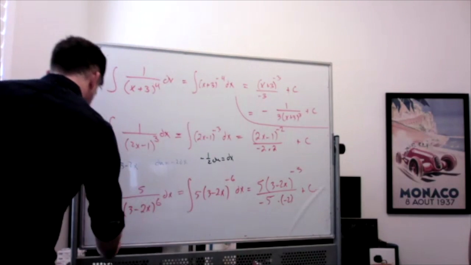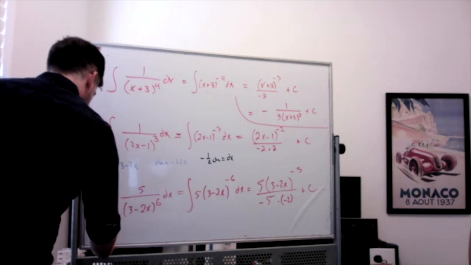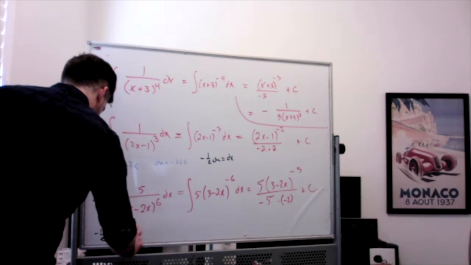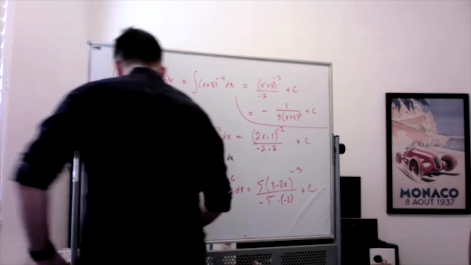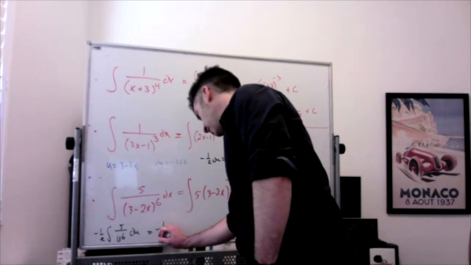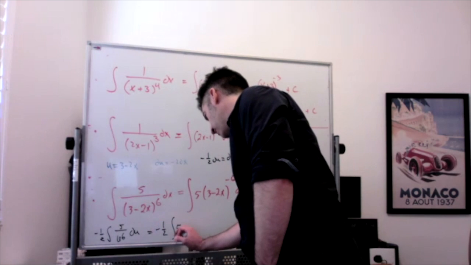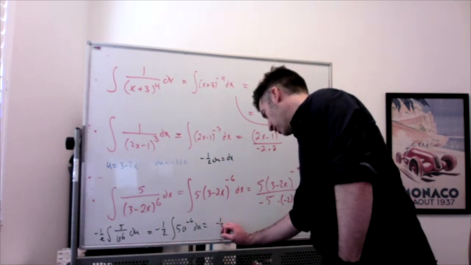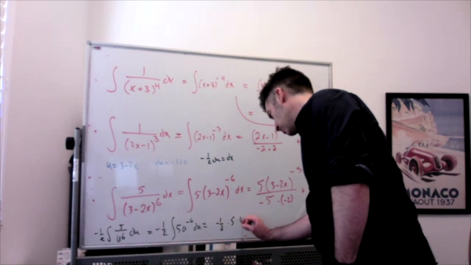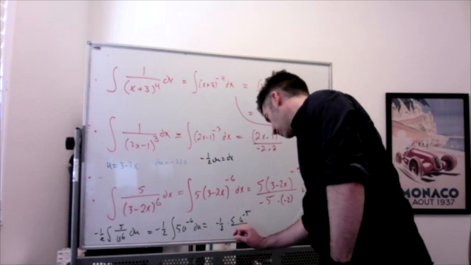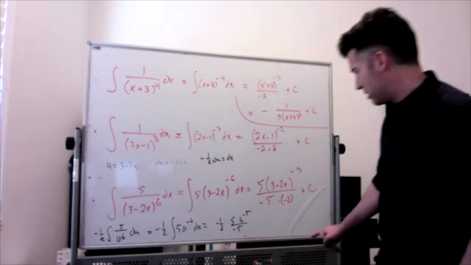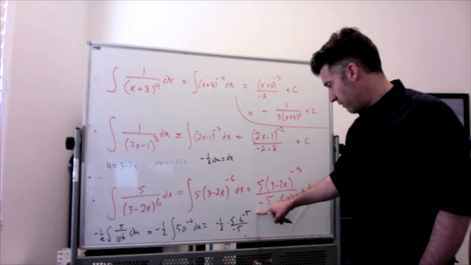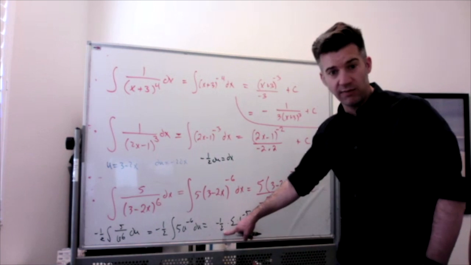So then you could have written this as the integral of negative 1/2 times 5 over u to the 6th du. And then it's negative 1/2 times the integral of 5u to the negative 6 du. You get negative 1/2 times 5 times u to the negative 5th over negative 5. And then you can see, oh yeah, I'm getting 5 times u to the negative 5th, and I'm dividing by a negative 5 and a negative 2.